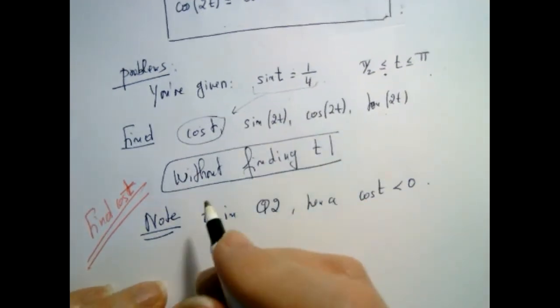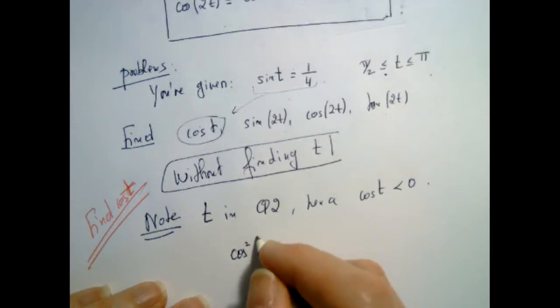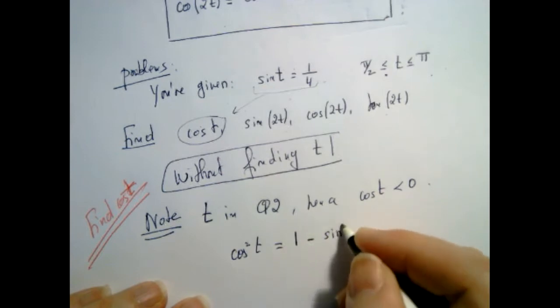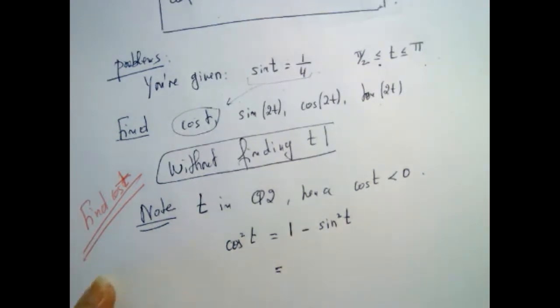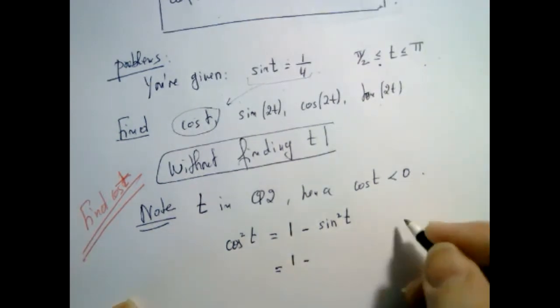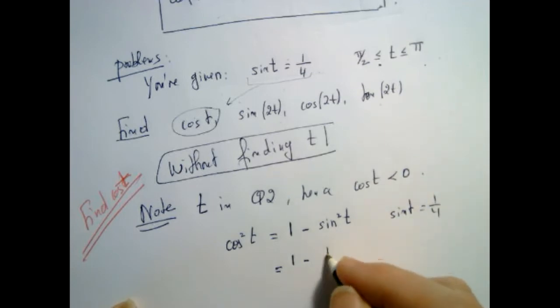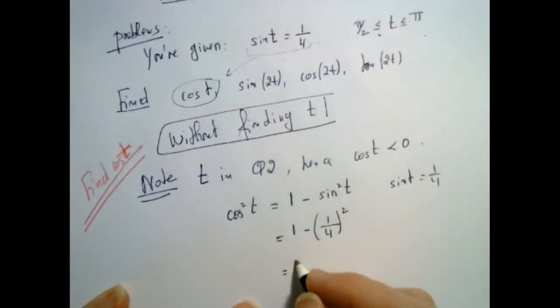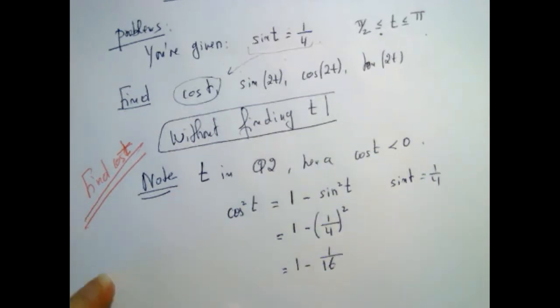Now we did that last time. What's the relationship between the sine and cosine using the trig identities? We know that cosine squared, and you have to be very careful, is 1 minus the sine squared. This is not actually hard. This is equal to 1 minus, and we know the sine is 1/4, so 1/4 squared. It means 1 minus 1/16.